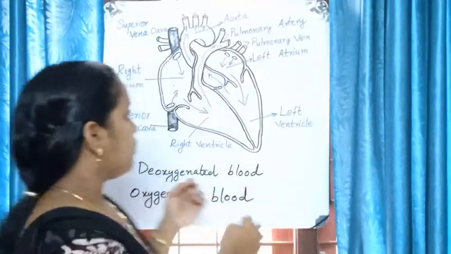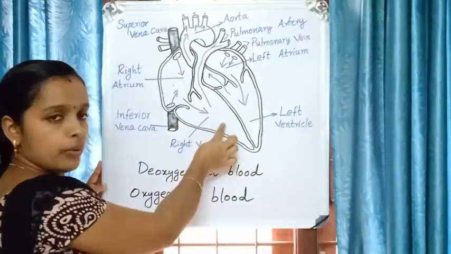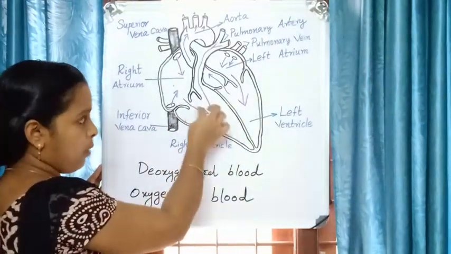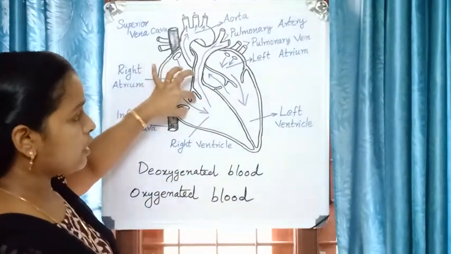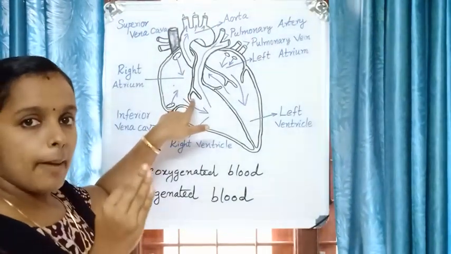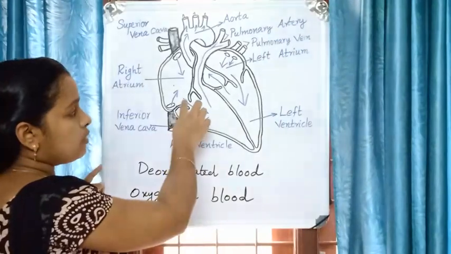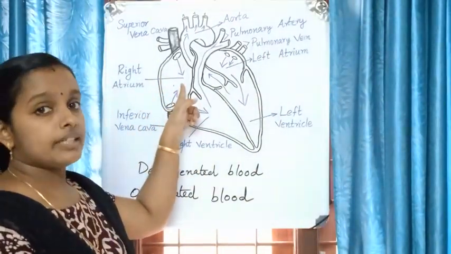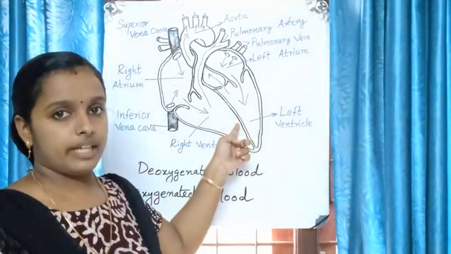So from the right atrium, blood can easily move into the right ventricle, but when it tries to go backward, this valve will close. This valve is for preventing the backflow. Then through the tricuspid valve, the deoxygenated blood will transport into the right ventricle.